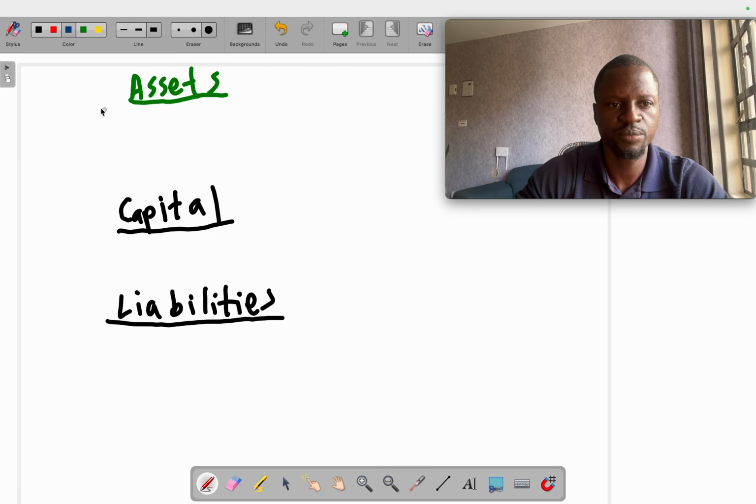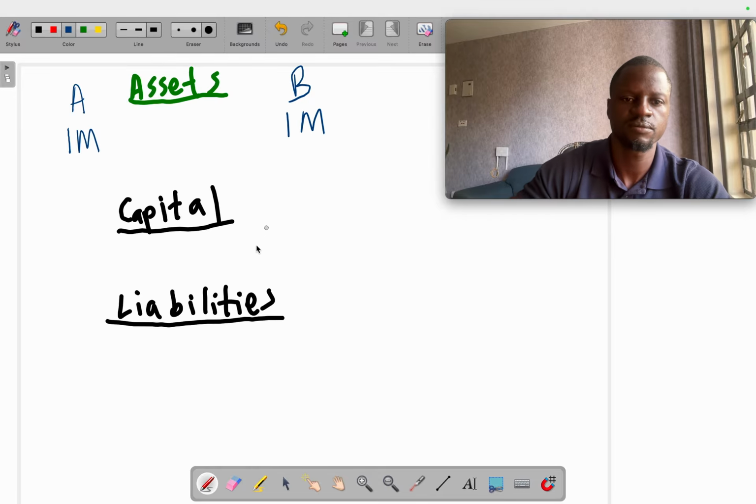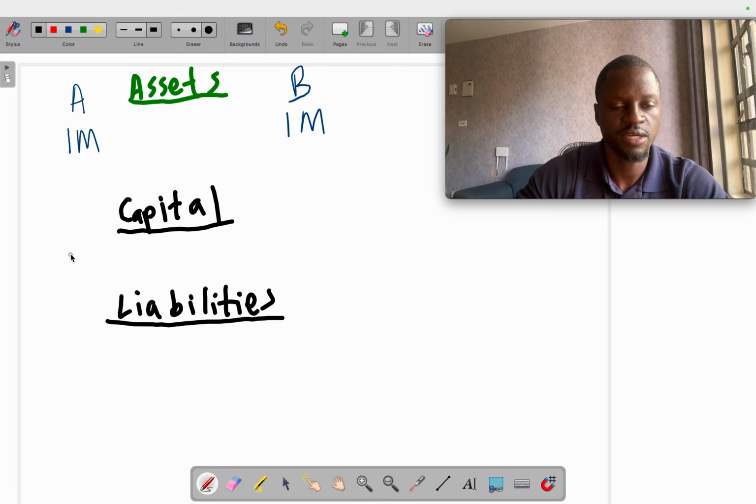So say you have two businesses, business A and business B. Each of those businesses starts with 1 million in capital. For business A, for example, it comes from 0.6 million being contributions from the business owners as capital.